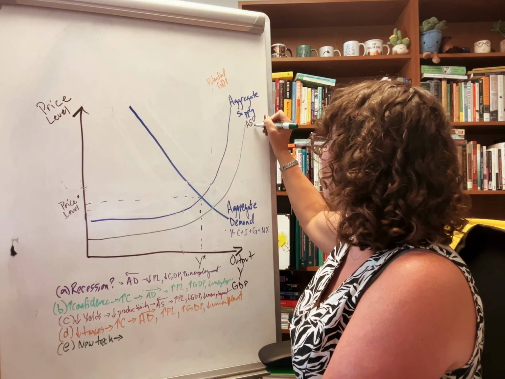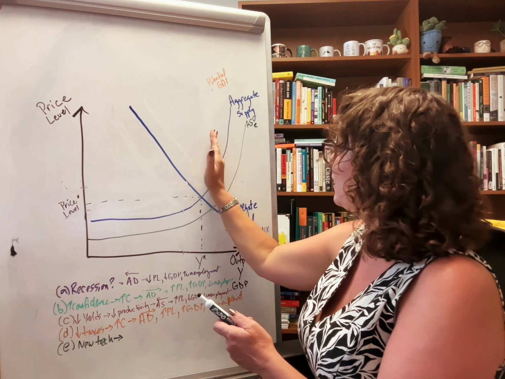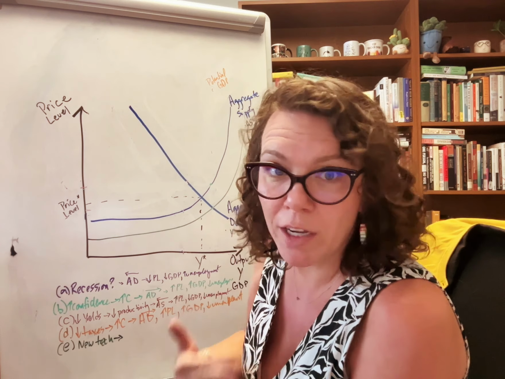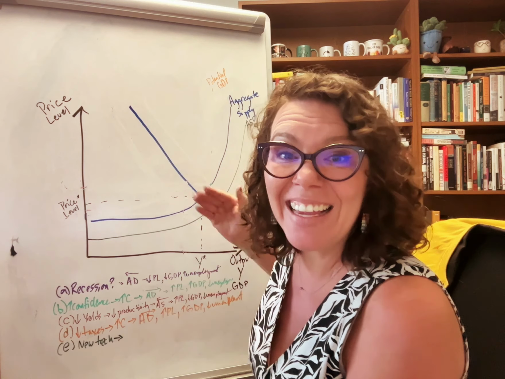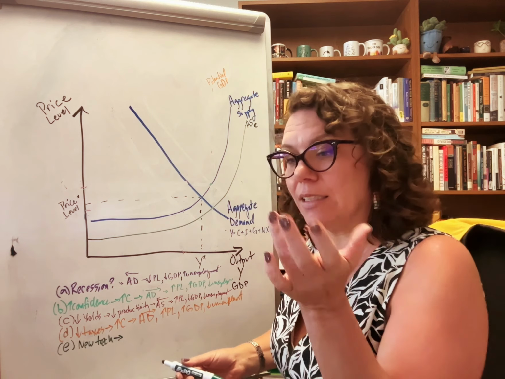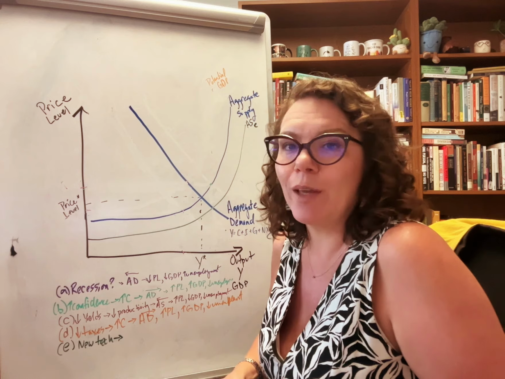And this is awesome because now what we would see is this potential GDP line is going to shift out too. When our long run ability to produce everything increases, we can produce more. And this doesn't happen easily. It happens a lot of the time with technology. It'll happen when there's a new innovation.